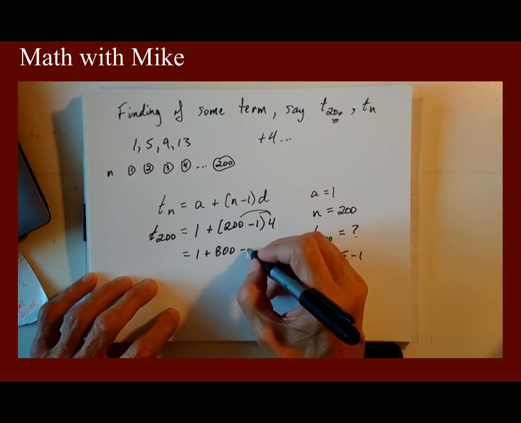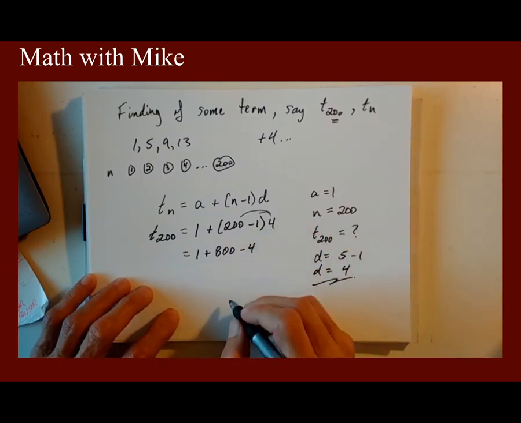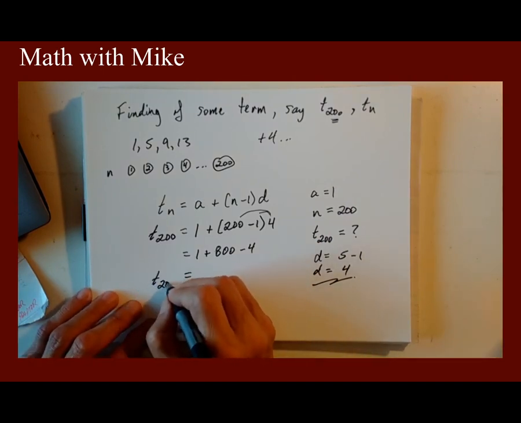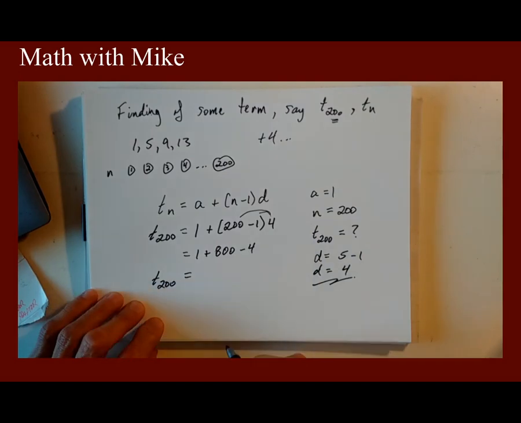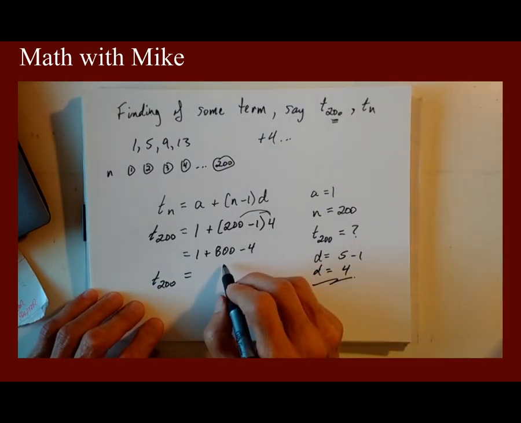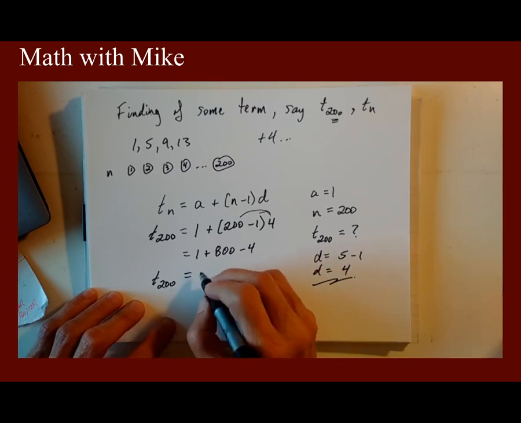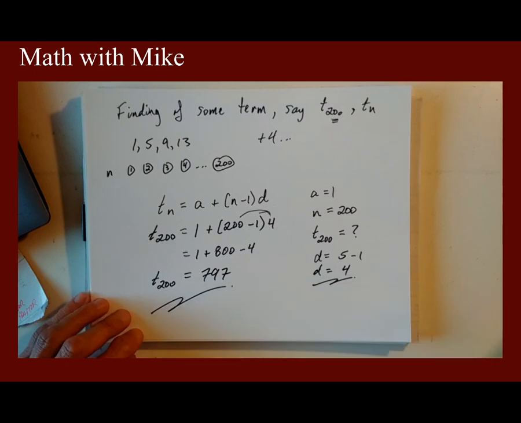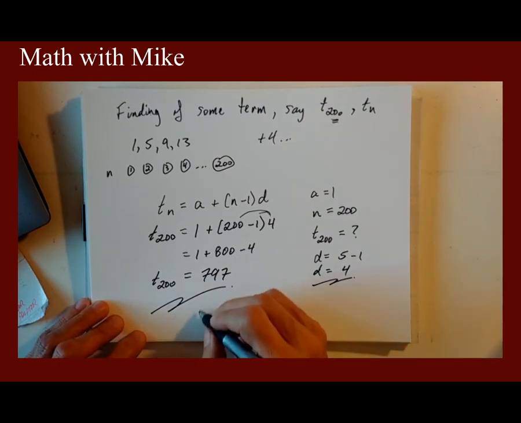And then a minus 4 for the last term there. See, this is way easier. Distribution. That's why you learn it. So you get to 800 now. Minus 4, which is 796, plus 1, which is 797.